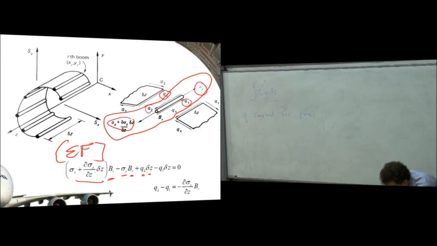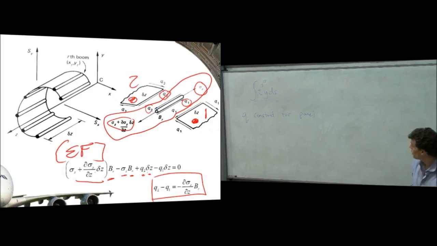And if we rearrange, we end up with this: the difference between the shear flow in panel 1 and panel 2, so this is 2 over here and this is 1 over here, is related to the change in bending stress along the boom. Now, this should look fairly familiar.